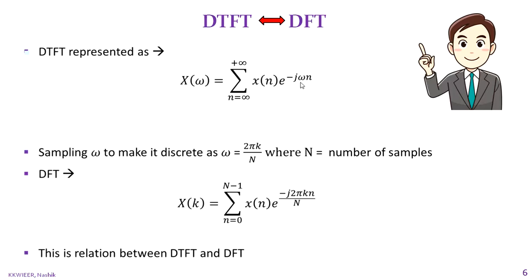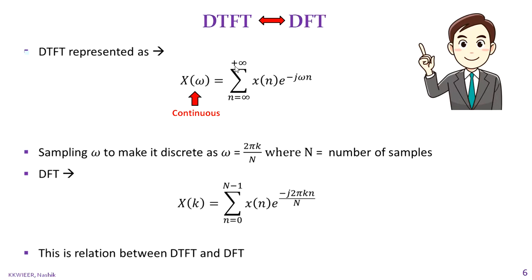Now in this case, omega is nothing but 2 pi k by n, and n is the number of samples. So to state the expression for DFT, we are going to consider only n number of samples. That means DFT will be ranging from 0 to n minus 1. So total n samples, whereas in case of DTFT it was minus infinity to plus infinity.